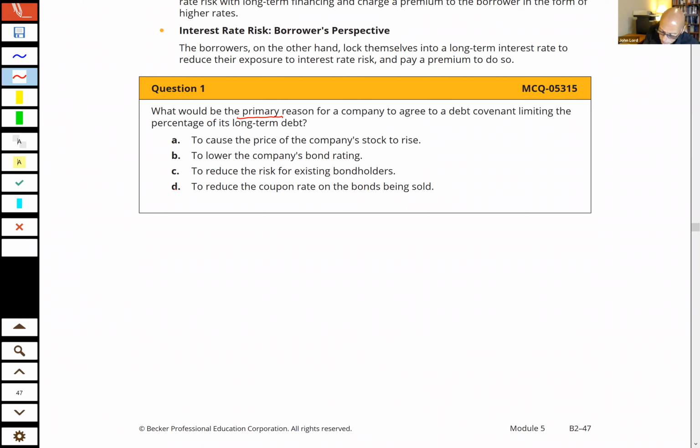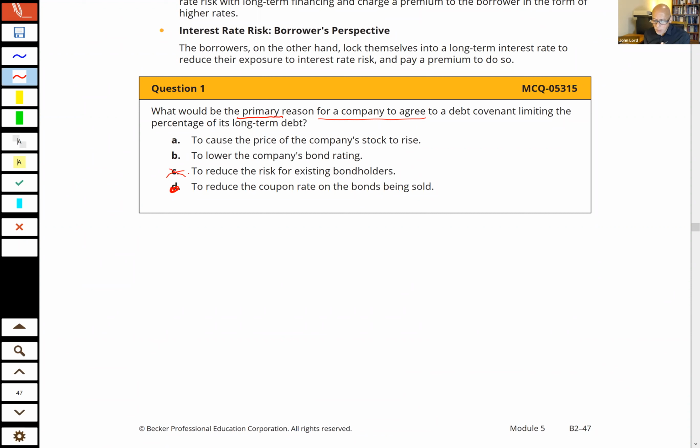What would be the primary reason for a company to agree to a debt covenant limiting the percentage of long-term debt? So we're looking at it from the standpoint of the company, right? Even though some of us chose C, to reduce the risk to existing bondholders, that's not the best reason for the company to agree.